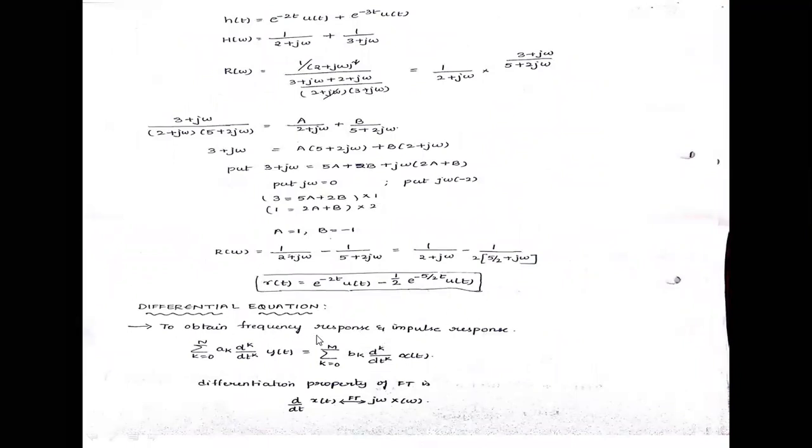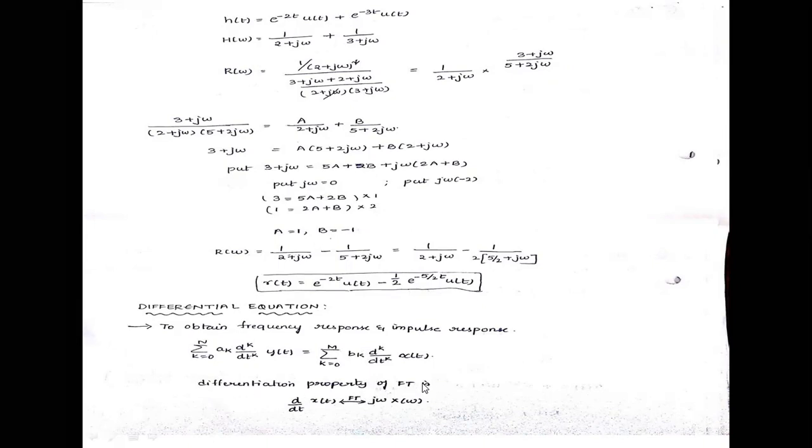See, the sum of k equal to 0 to n, a suffix k, d power k by dt power k, y of t, is equal to the sum of k equal to 0 to m, b suffix k, d power k by dt power k, x of t. Okay, my dear students.